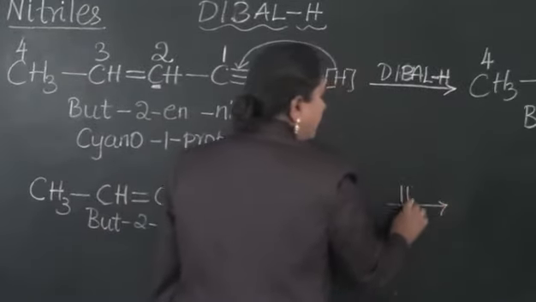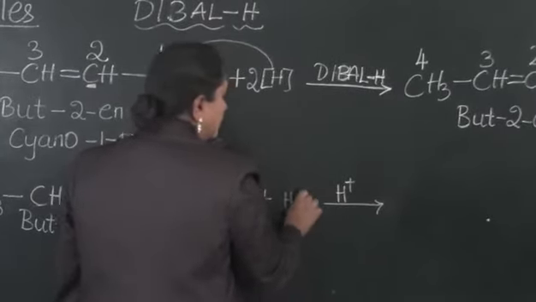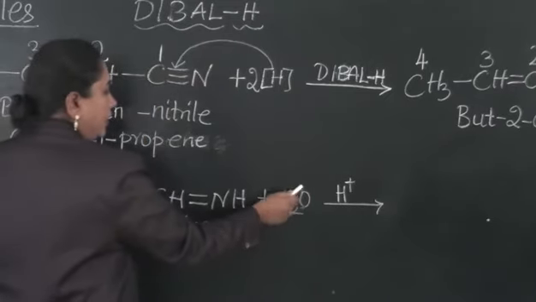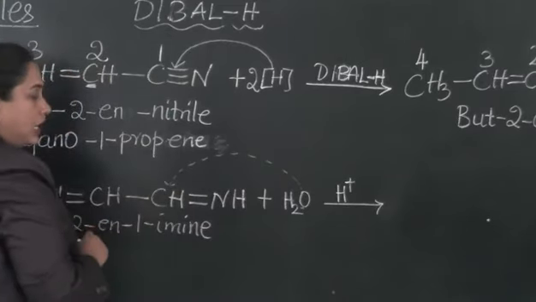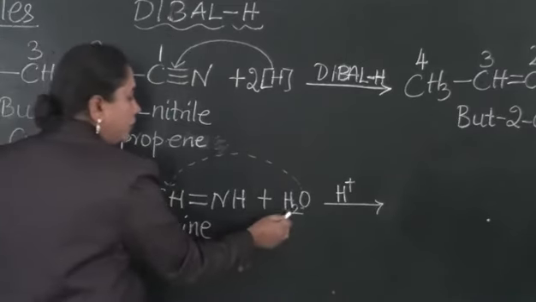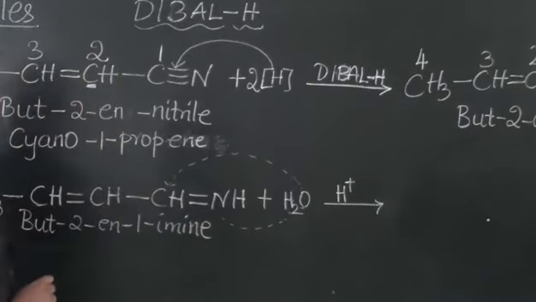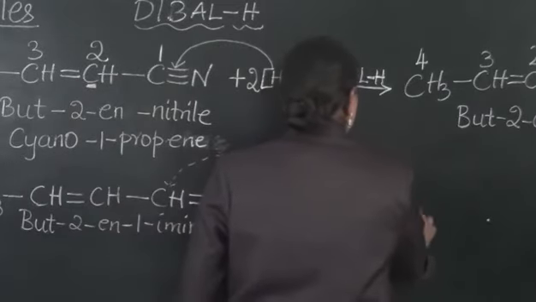We are carrying out the process of hydrolysis in the presence of an acid. Now what will happen? Oxygen from here will get added on to the carbon atom, and they will settle down as an aldehyde. The 2 hydrogens from here will get added on to nitrogen and form ammonia. Let us see how the final product will be.